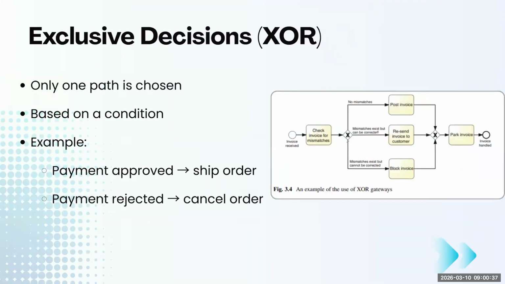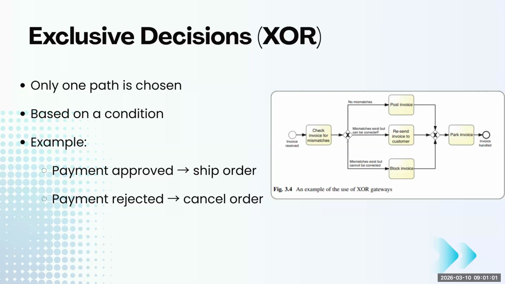Exclusive decision XOR. The first type of gateway is the exclusive decision, also known as the XOR gateway. In this case, only one path can be selected based on a condition. For example, in the diagram shown here, the process checks whether an invoice has mismatches.